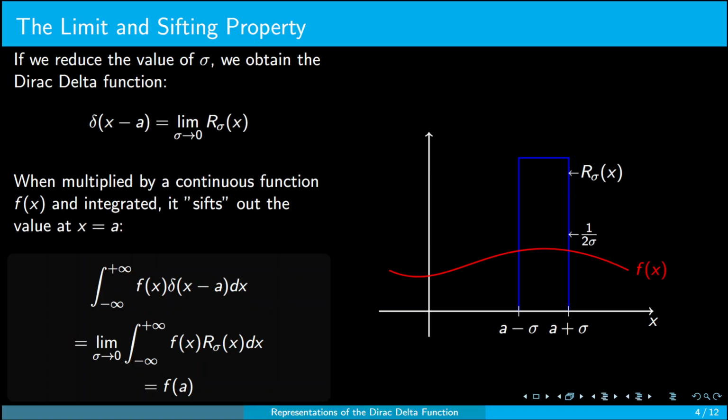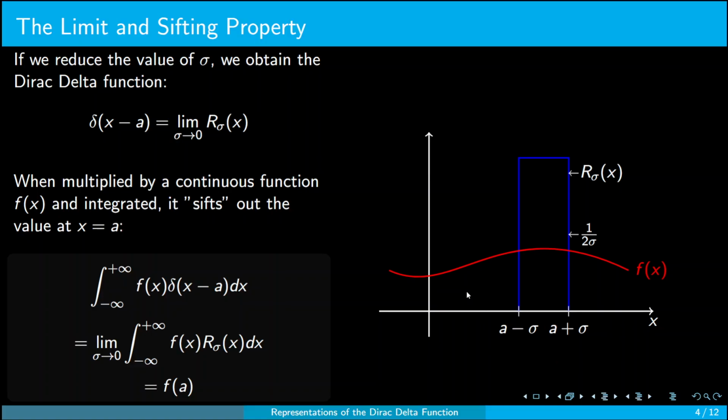Now, when we multiply this Dirac delta function with a continuous function and integrate it over minus infinity to infinity, it shifts. Let us understand it. Let's say this red line is f x, and this is our delta function r sigma, where sigma tends to 0.